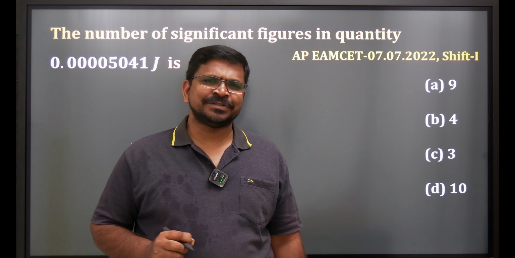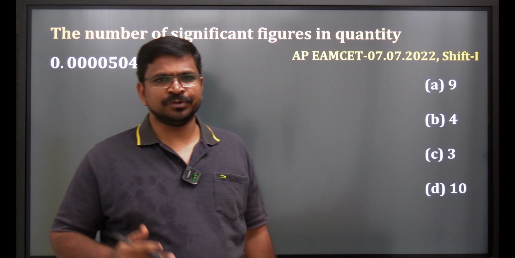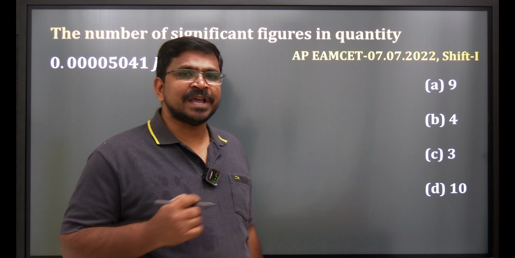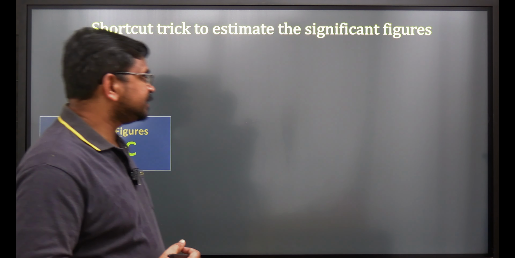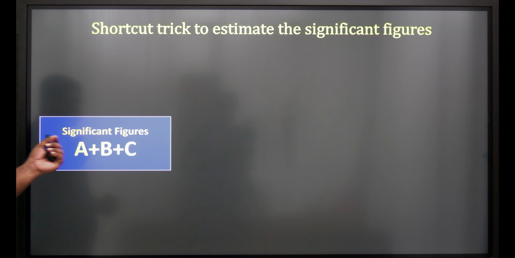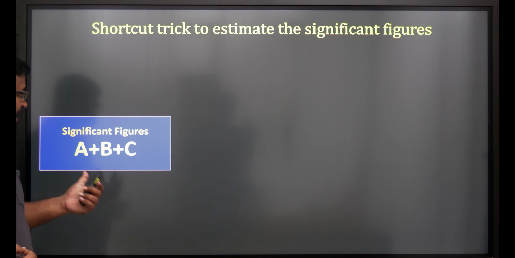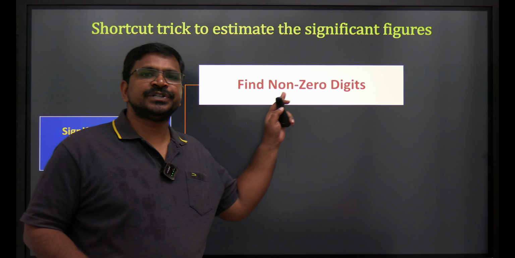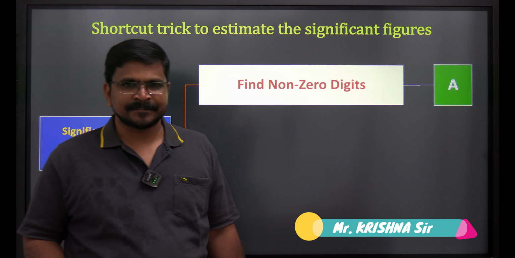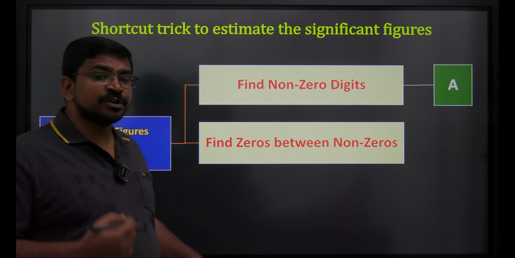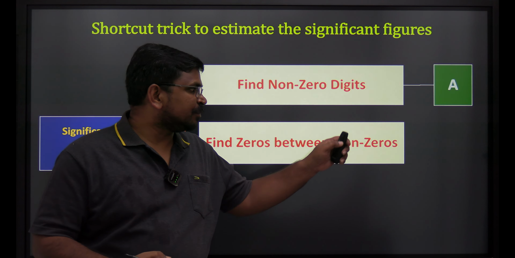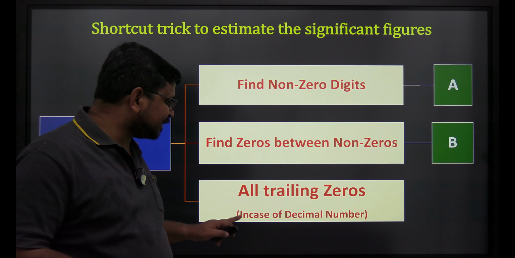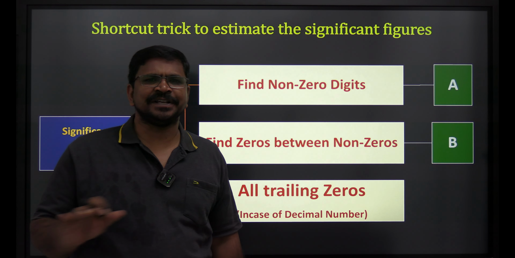And for numericals, there is no need to go through that many rules. We will develop a simple technique here from STEM's learning zone. You need to follow this rule: significant figures is A plus B plus C. Here A means finding the first non-zero digits and assigning the variable A. Next, find zeros between non-zeros and assign it to variable B. Finally, C is applicable only in the case of a decimal number, not for all cases.